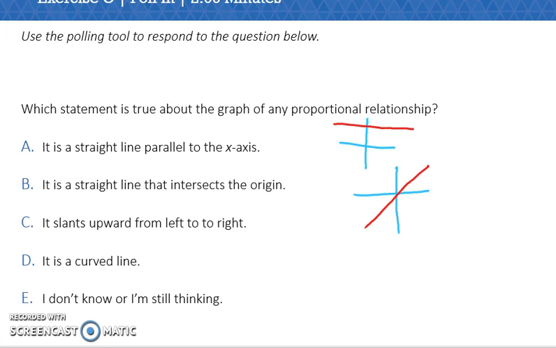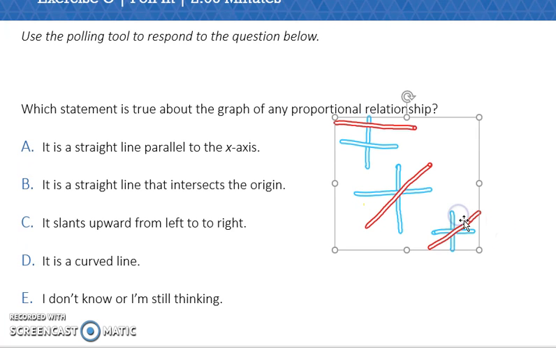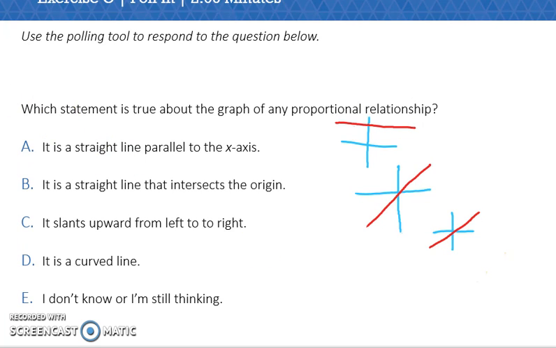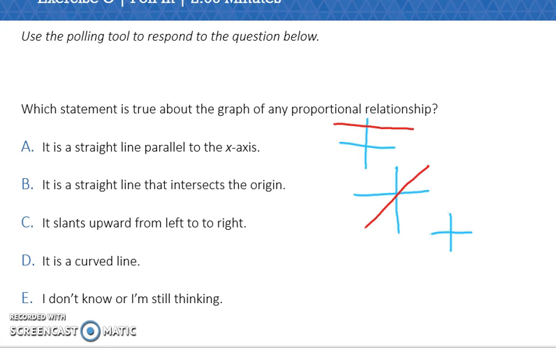C says it slants upward from left to right. So upward from left to right would look like that, but that line could really be anywhere. Let me see if I can undo that. So that line, if it's just slanting upwards from left to right, could really even be up here.